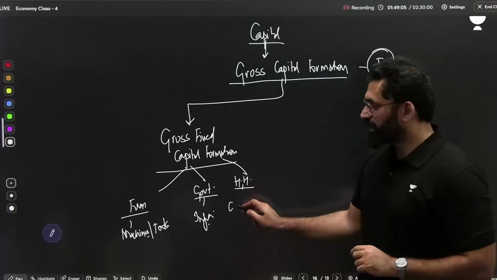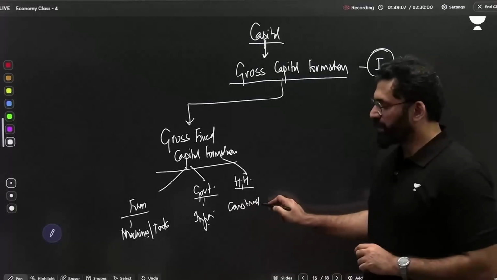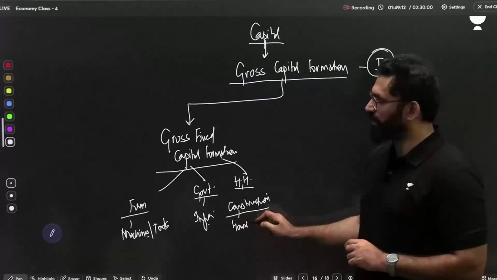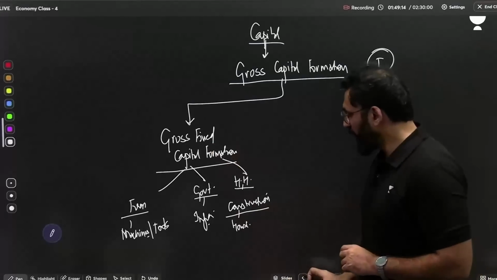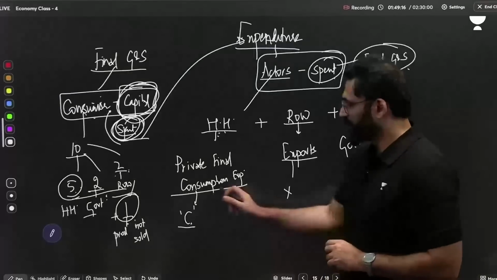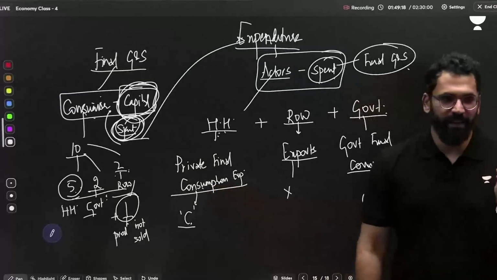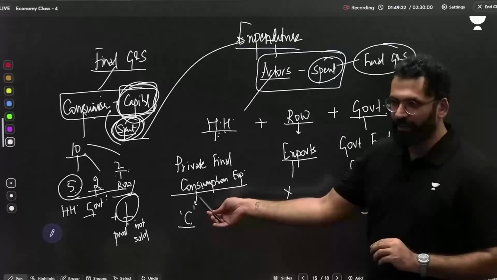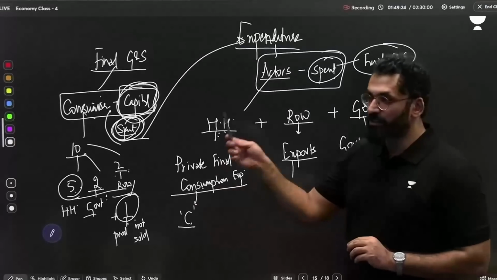The moment the household is taking part in construction of a house, this is the only example of household capital goods. The rest all is consumption. So if a household buys a car, the car is consumption. Why? It's a consumer durable.